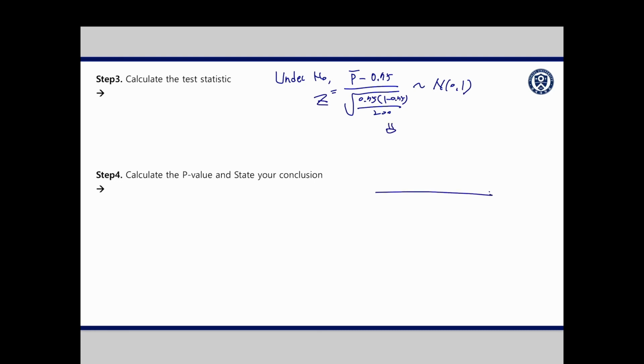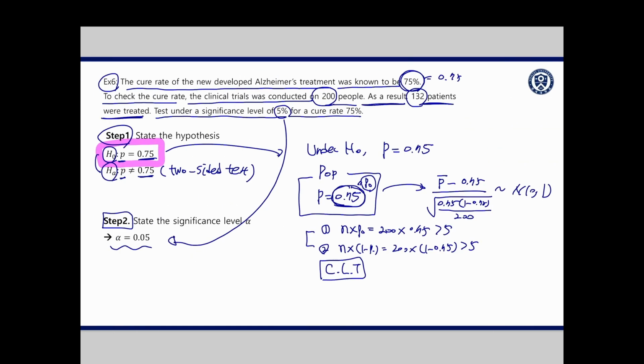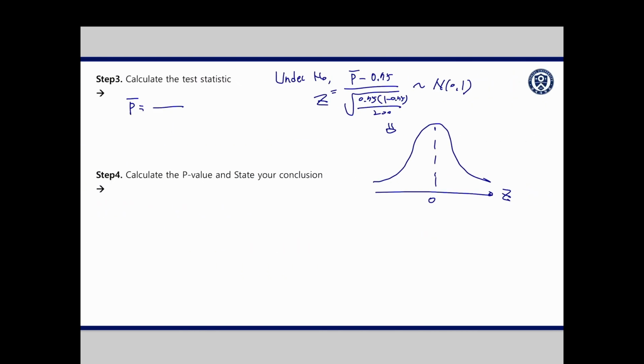So, the given sample proportion is 132 divided by 200, right, and equals 0.66.